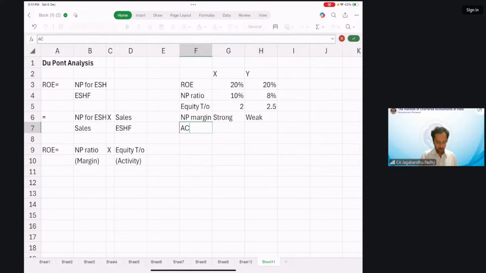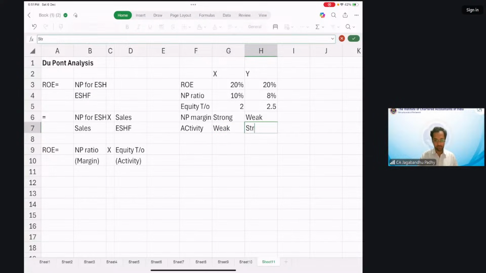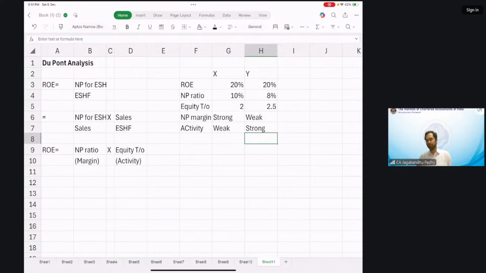But when it comes to activity or efficiency of using it, company X is weak, whereas Y is going to be strong. That's your net profit margin and the activity.